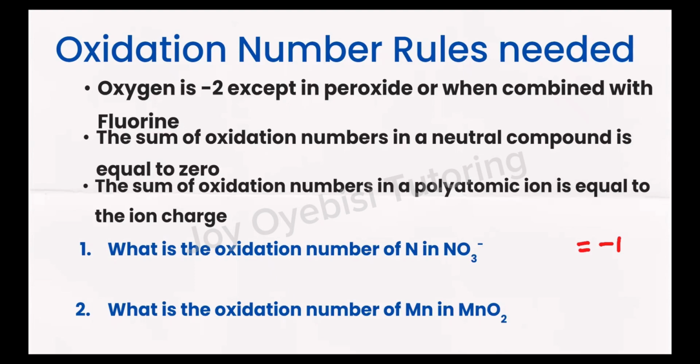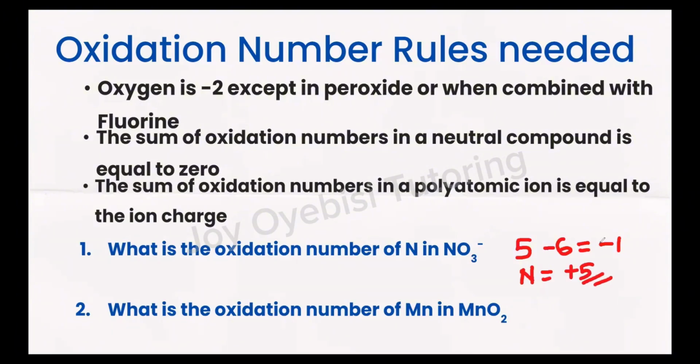And oxygen is -2 times the total number of oxygen here, which is 3. So -2 times 3 gives us -6. We need a number that will subtract 6 from to give us -1, and that will simply be 5. So that means the oxidation number of nitrogen will be +5, and that is it. So 5 minus 6, -1.